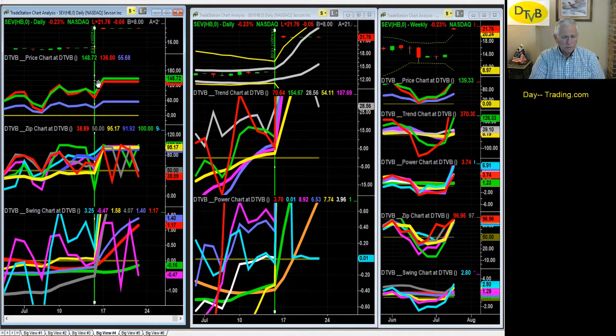And I suspect if we look back here again at 2 days before, I haven't even checked it out, but I can see a Swing or a Zip Blue and Yellow is in divergence, but there may not be much more than that. So the next divergence is Power Yellow is up over here, and the Power 3 is down.